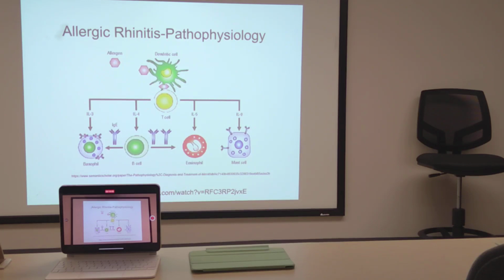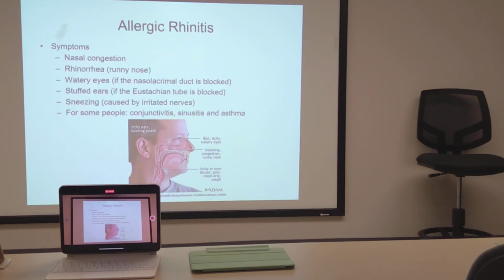So, at the top, it mentioned the symptoms for allergic rhinitis. Nasal congestion, now we understand how that is caused. And we also have a runny nose, rhinorrhea, watery eyes if the nasolacrimal duct is blocked, and stuffed ears if the eustachian tube is blocked, and sneezing, which is caused by irritated nerves.